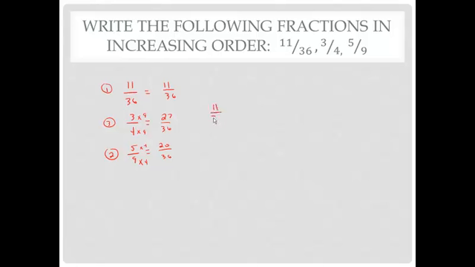So 11/36, 5/9, and 3/4 would be the order from least to greatest, or increasing. So again, you have to get a common denominator to determine those.